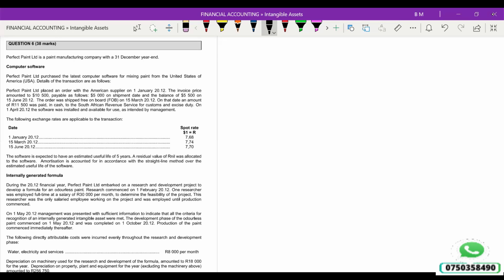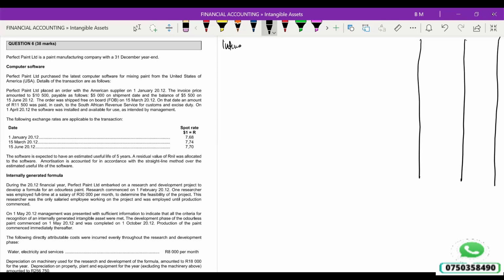So let's measure our computer software according to the dates. We're going to have the quick journals to account for this. So I'm going to have the computer software, SFP.